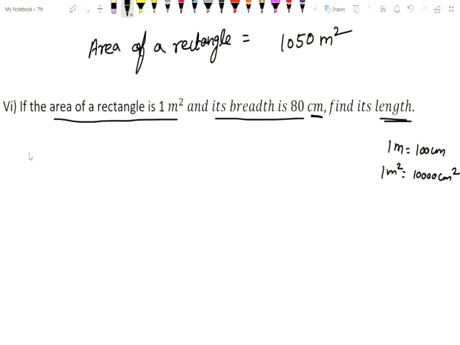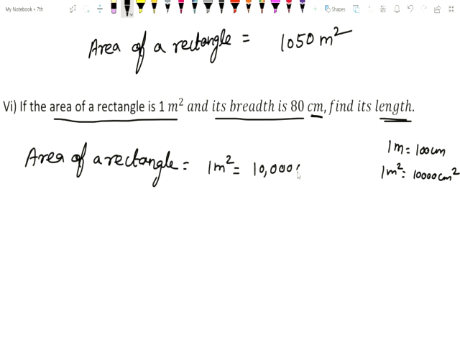Okay. So area of a rectangle equal to 1 meter square. This one I have converted into centimeter square. So 10,000 centimeter square. Next, breadth equal to 80 centimeter. Okay.